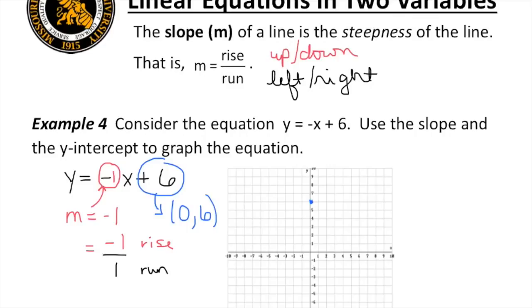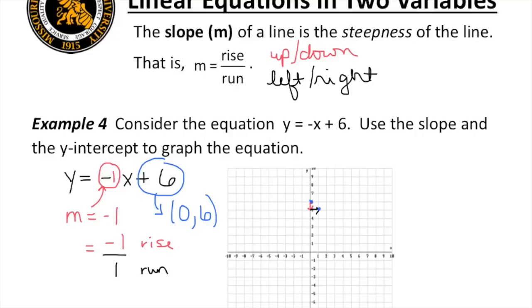This tells us that we start at our y-intercept and we move down 1, since our rise is negative 1, and we move right 1, since our run is positive. After making those two movements according to our slope, we can plot a second point. And furthermore, we can continue this process indefinitely until we have enough points to satisfy our needs.